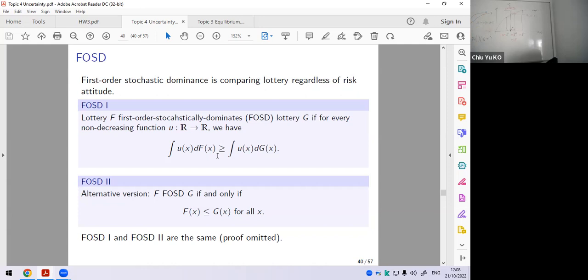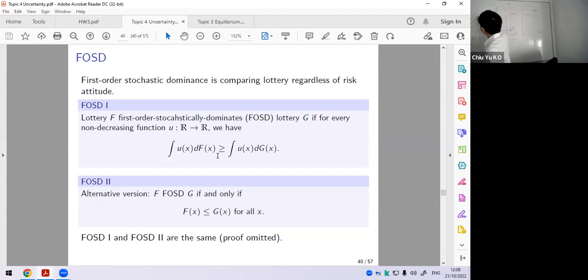Because as we said, we prefer more to less, right? So you always get more money in terms of probability. So you would say F is better than G. So it's pretty restrictive, right? Because you need to have, at any point, that it's more likely to get more money under F. Is that okay?